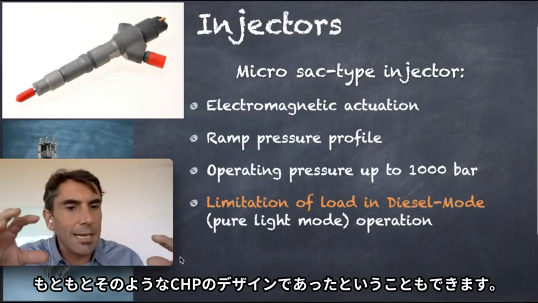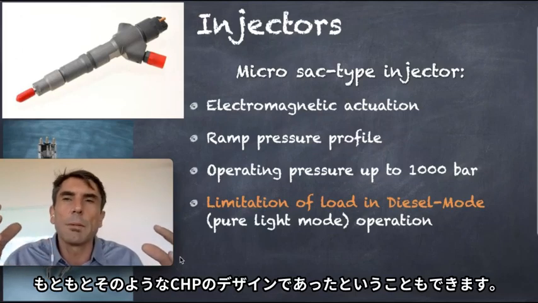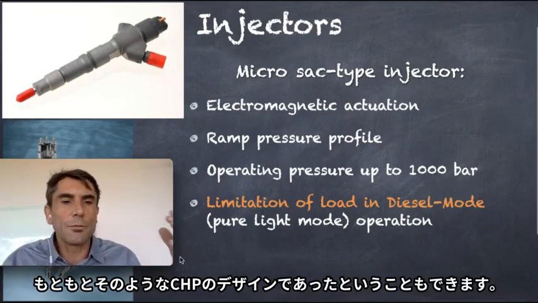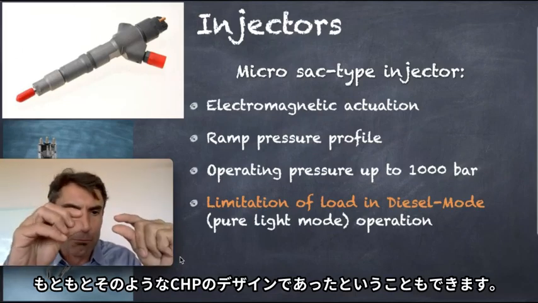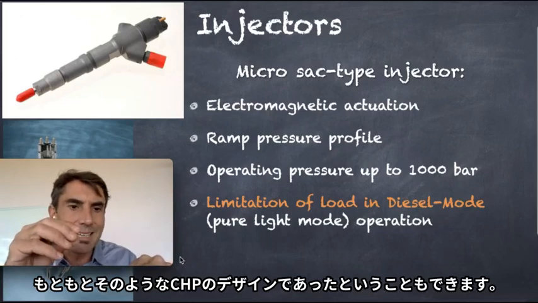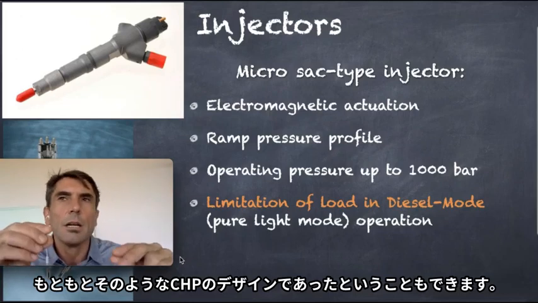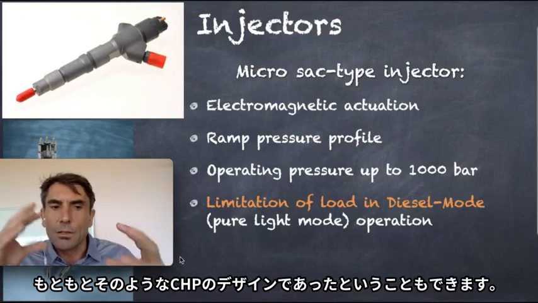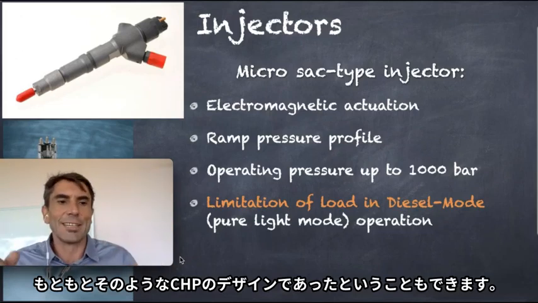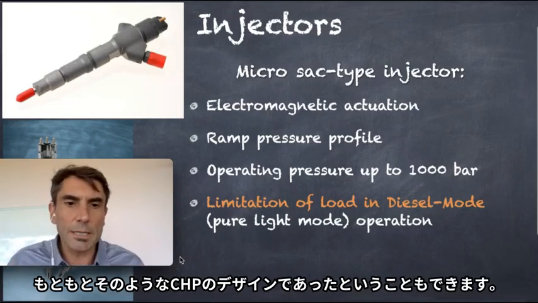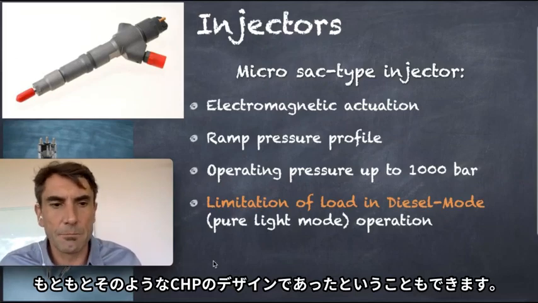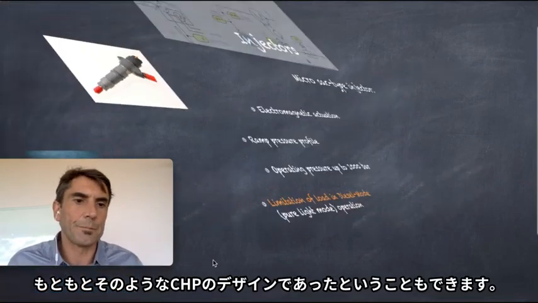But the CHP is not designed to operate at 250 kilowatt in light oil or diesel mode. The design is to operate with a small amount of diesel or light oil injection in gas mode. So it's all about the design of the system, and we get a limitation on that side.